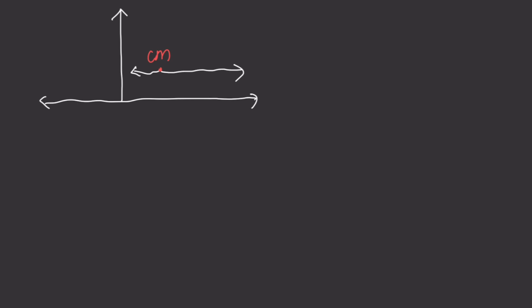So if we have the y-axis over here and then the x-axis over here, we had our original center of mass over here. So that is our center of mass. And then we had F1 going this way, F3 going this way, and then F2 going this way.